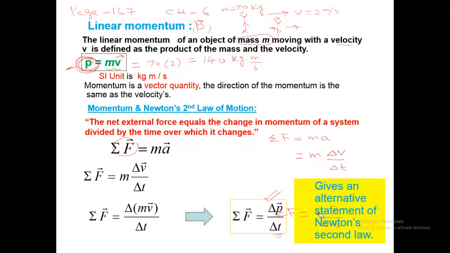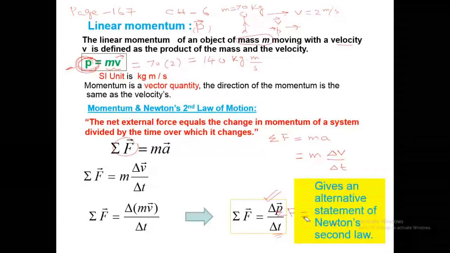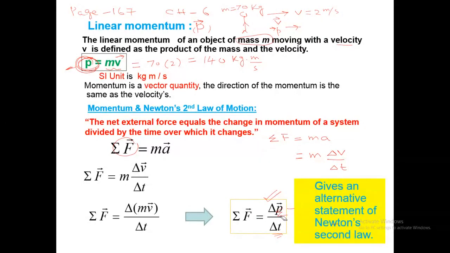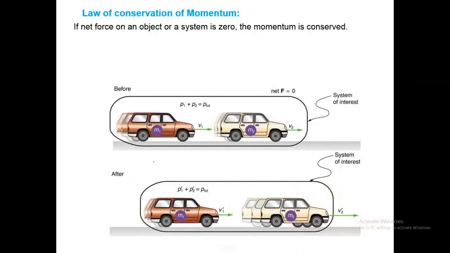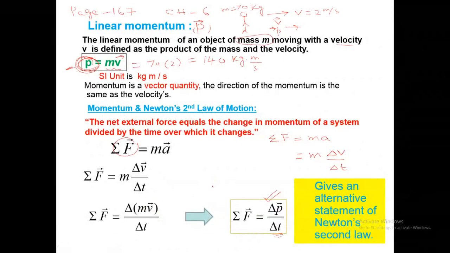First, we did in chapter number 4 that the net force is equal to mass M multiplied by the acceleration. So we have the alternative, second form of Newton's second law of motion, that net force is equal to delta P, change in momentum over time interval.